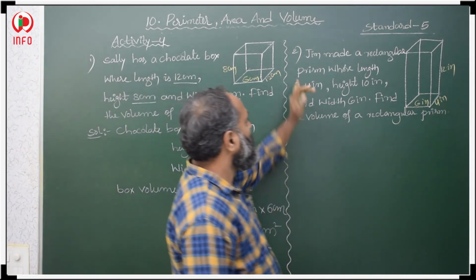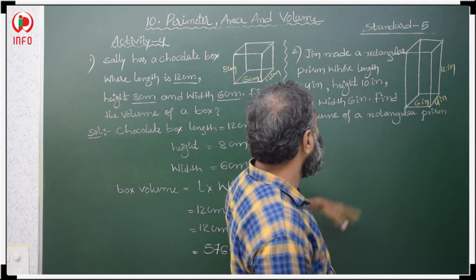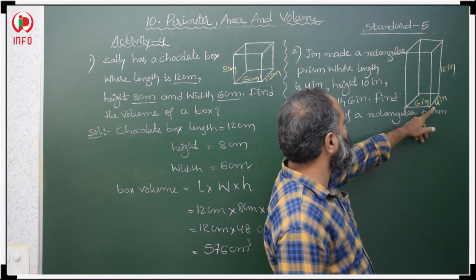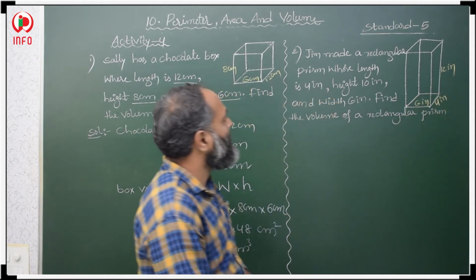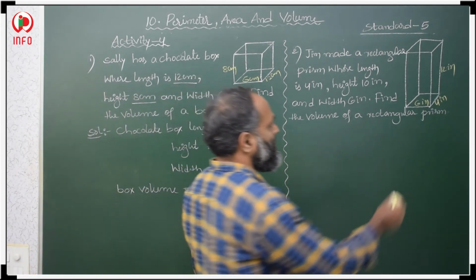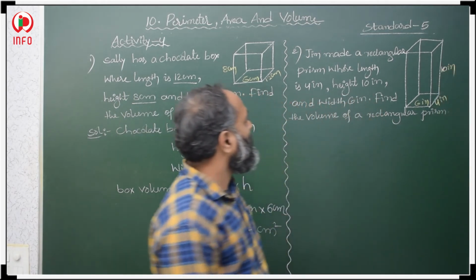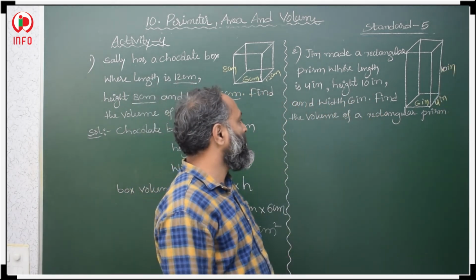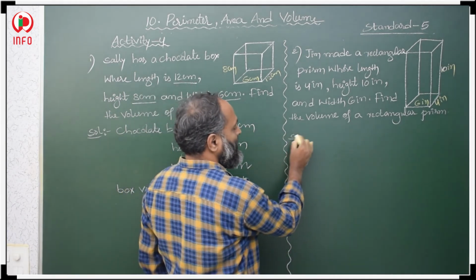Now the second, Jim made a rectangular prism. This is a rectangular prism. The length is 4 inches and the height is 10 inches, and the width is 6 inches. Find the volume of the rectangular prism. Rectangular prism volume he is asking.